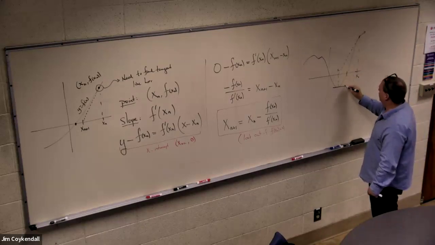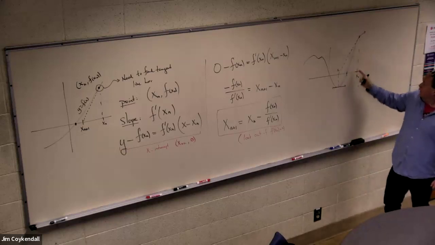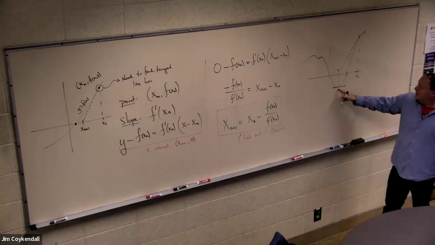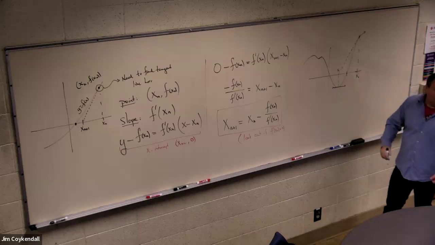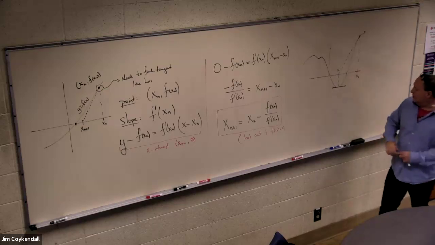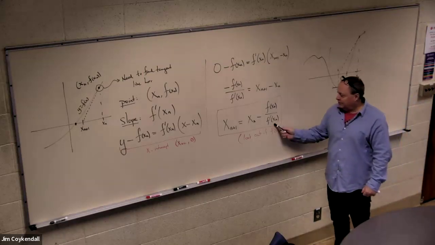And it looks like the slope of the tangent is 0. So if you're so unlucky that you pick this, you go down here and pick this, then at the next step, what's going to happen? The tangent line has slope 0. And so where does it intercept the x-axis? Never. And that's why the formula explodes in your hands, right? So what would I do? I would just change the x0. I'd probably try to move it a little closer to this. So that's one place.